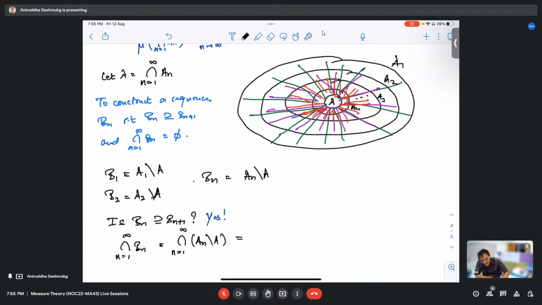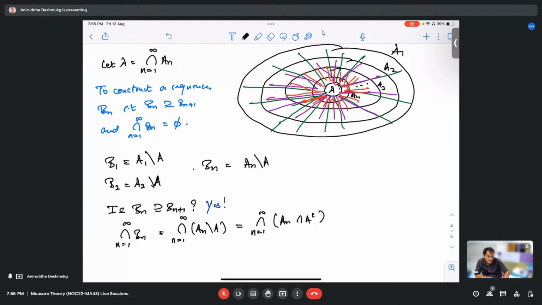Why? Let us try to write the definition. So this is the intersection of n from 1 to infinity, A_n and intersection A complement. But intersections have a nice property of associativity. So I can write this as intersection n from 1 to infinity of A_n intersection with A complement. But this is A intersection A complement, which is empty, right?